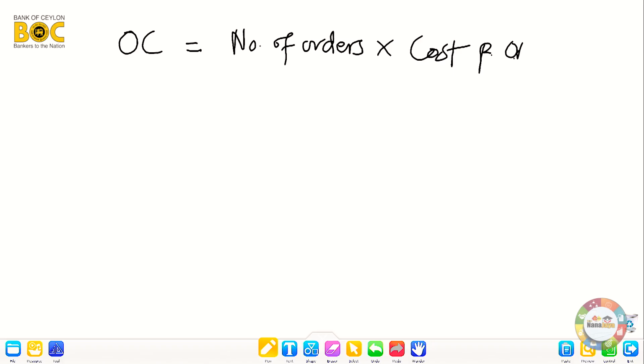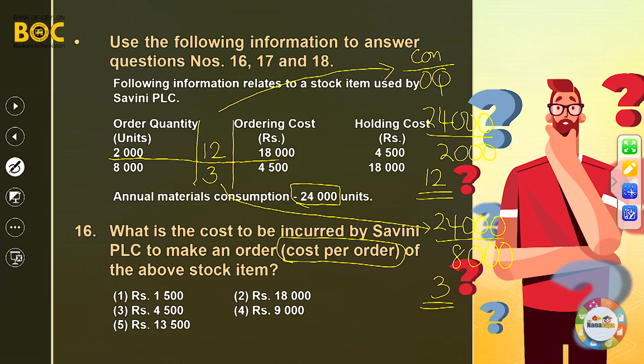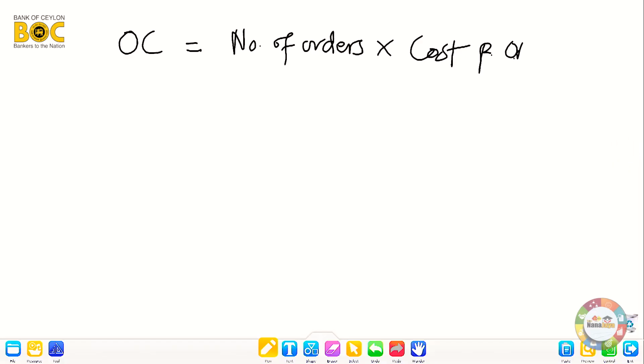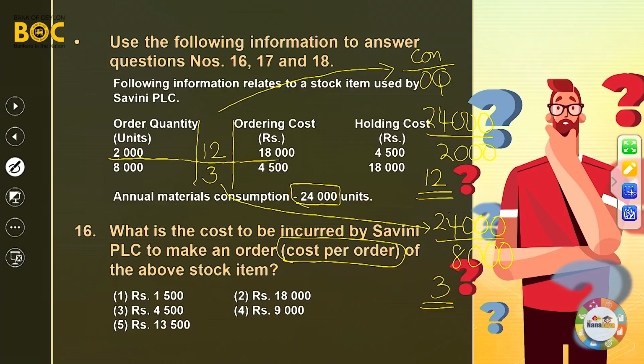Right. The first situation, number of orders 12. Cost per order we don't know, but we know ordering cost. How much is ordering cost?